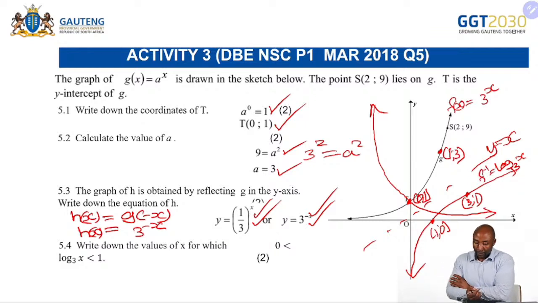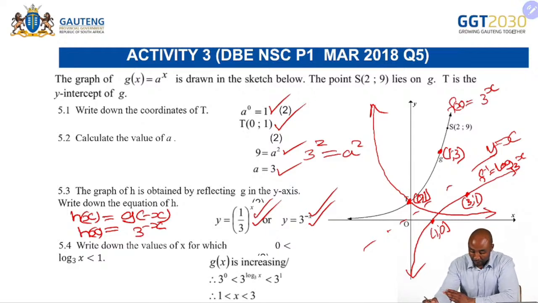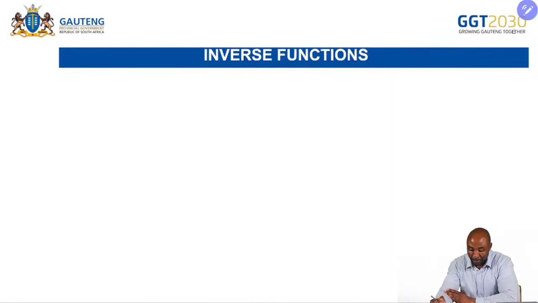Now, our solution will be given as follows. g of x is increasing, so where our base is 3 to the power 0, we take the values there, and that will give us an answer of 1. Our x value here and our x value there, it has to be between 1 and 3. Hence, our solution will be given as such.